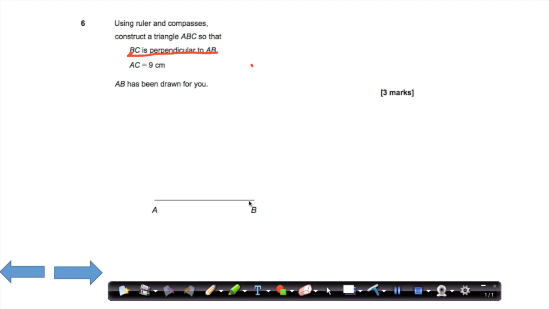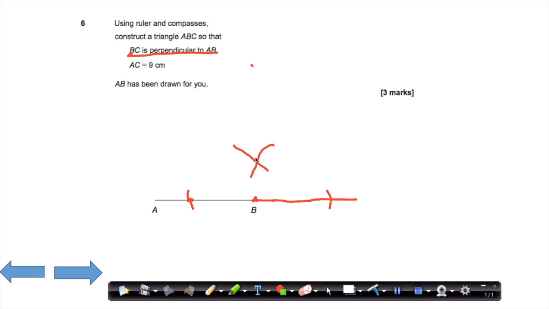So what we do is we extend our line B, extend that line with a ruler a bit further. We put our compass point on B, and we can construct 2 arcs there, equal distance apart. With the same distance there, we put our compass point now here and create an arc. We then put our compass point here and create another arc.